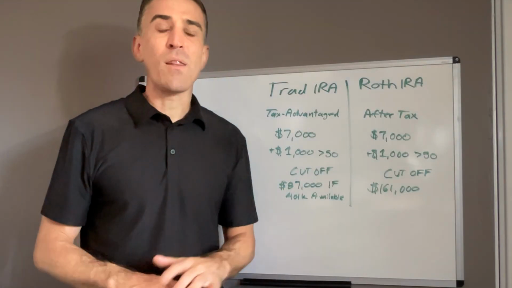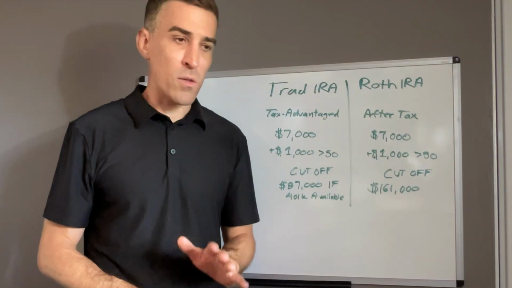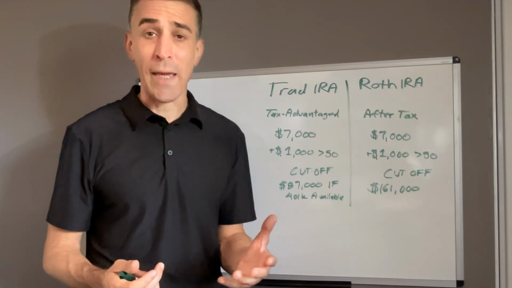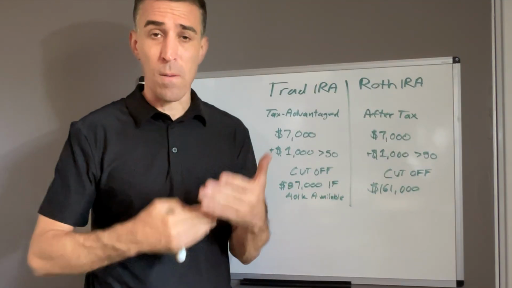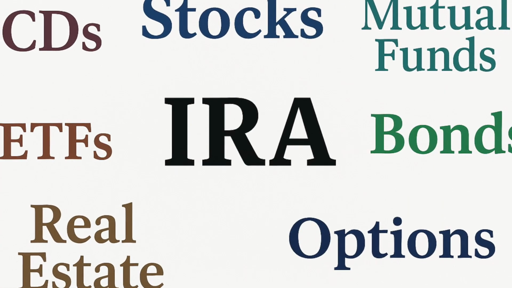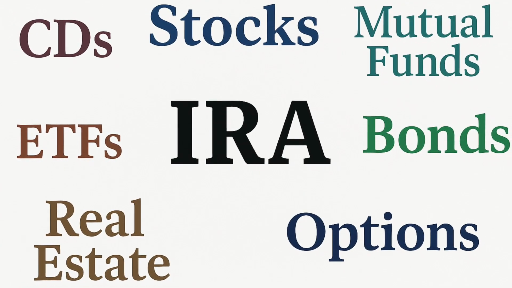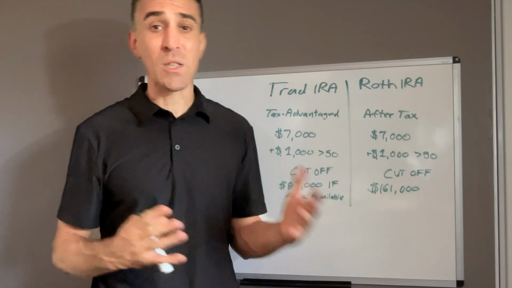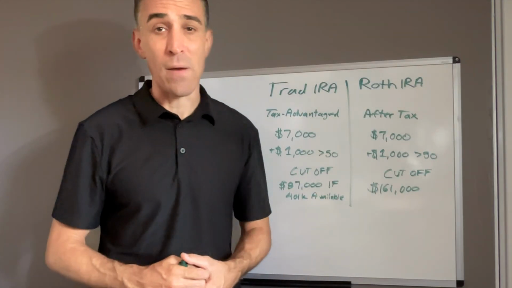So the great thing about IRAs are the investment options. Unlike the limitations with a 401k plan, when you have a select amount of options for your investments, with IRAs, you have almost unlimited access to all stocks, bonds, ETFs, mutual funds, real estate, all through either self-directed or managed IRA accounts.